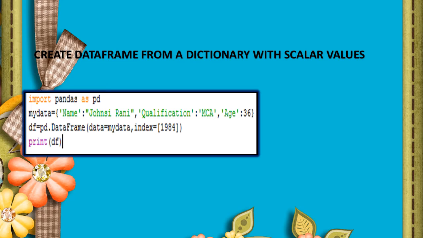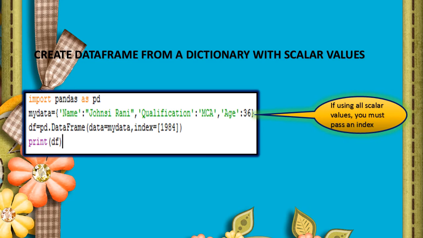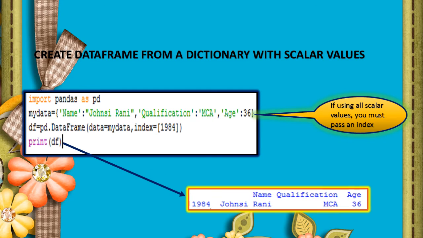And we are passing data equal to my data, the dictionary assigned, and index equal to 1984. So whenever we are creating a data frame from a dictionary with single values, we must give the index, as shown in the output.